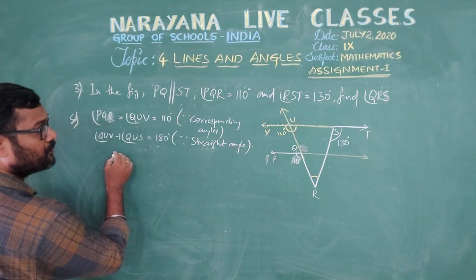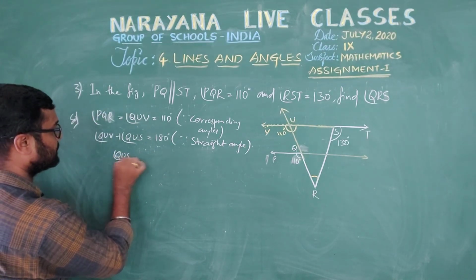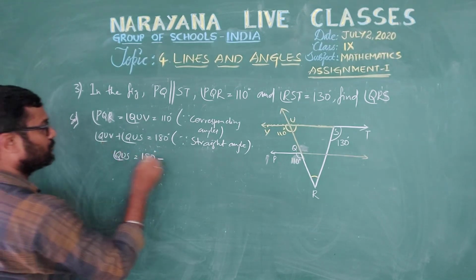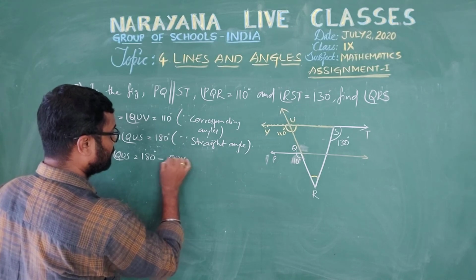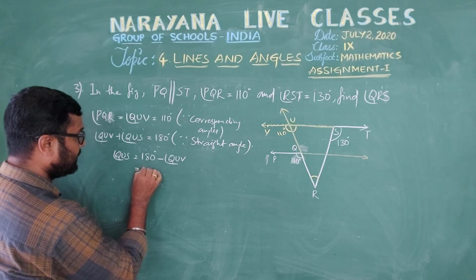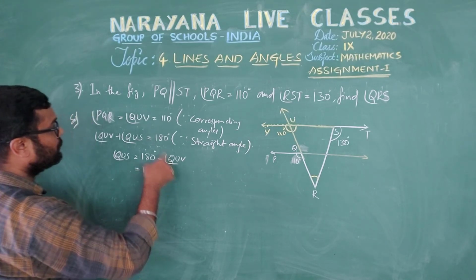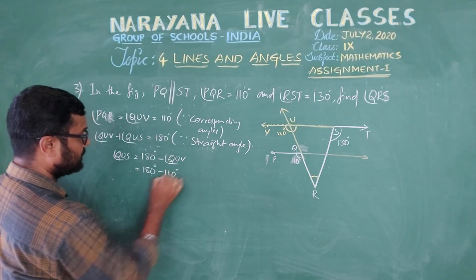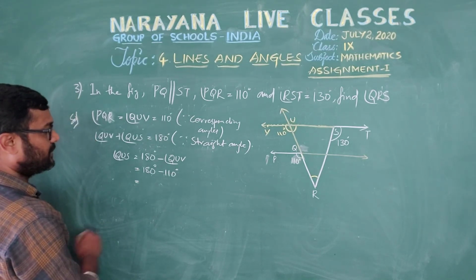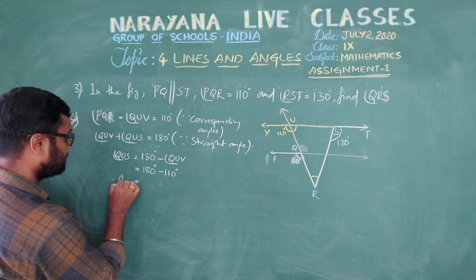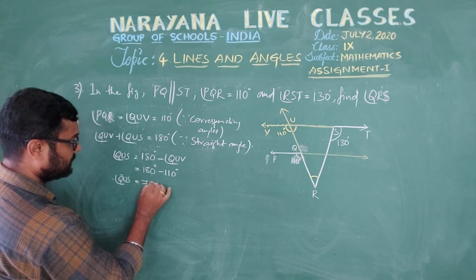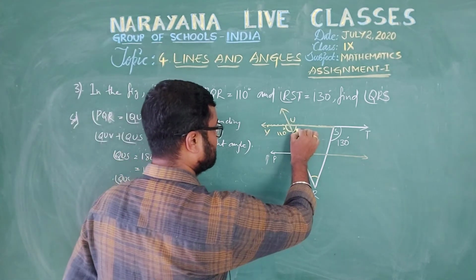Now angle QUS is equal to 180 minus angle QUV. Why? Because this QUV goes there. 180 minus angle QUV, that is 110 degrees, isn't it? Now angle QUS is what? 70 degrees, isn't it? So this is 70 degrees.